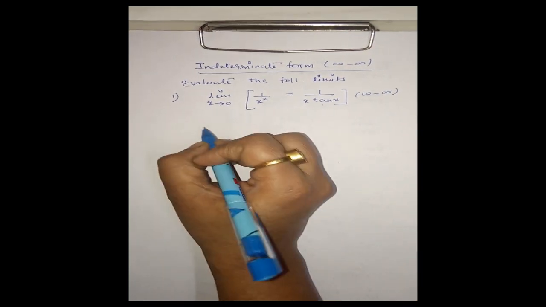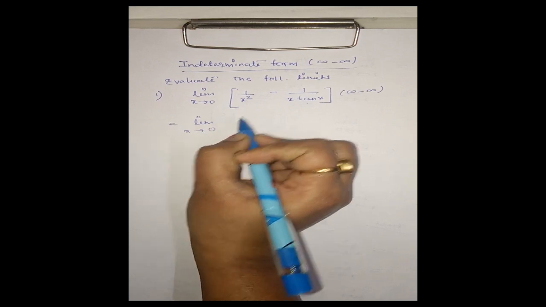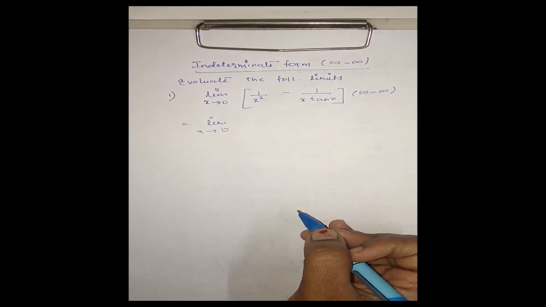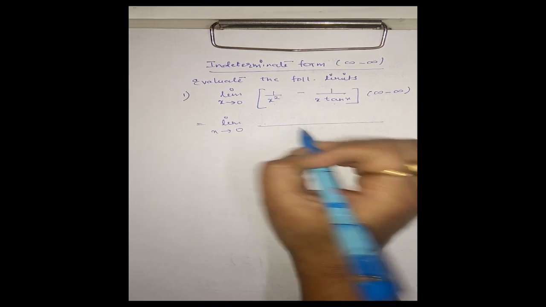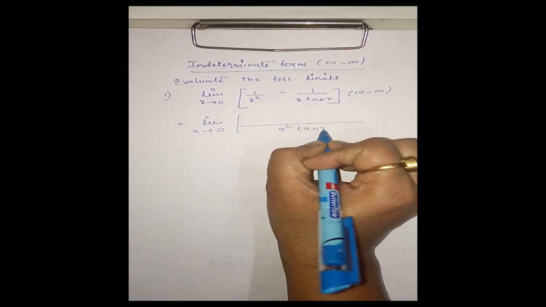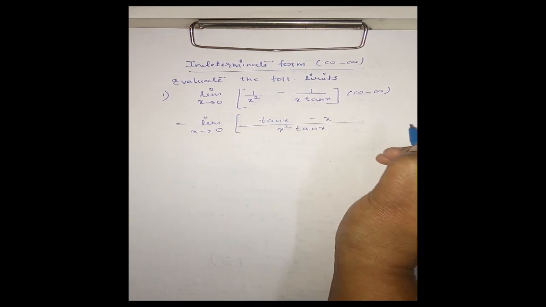Now this can be written as limit x tending to 0. Again here also we have to convert this form into the type 0 by 0 or infinity by infinity. Taking LCM, here this will be x square tan x, and here I have tan x minus x. Okay.